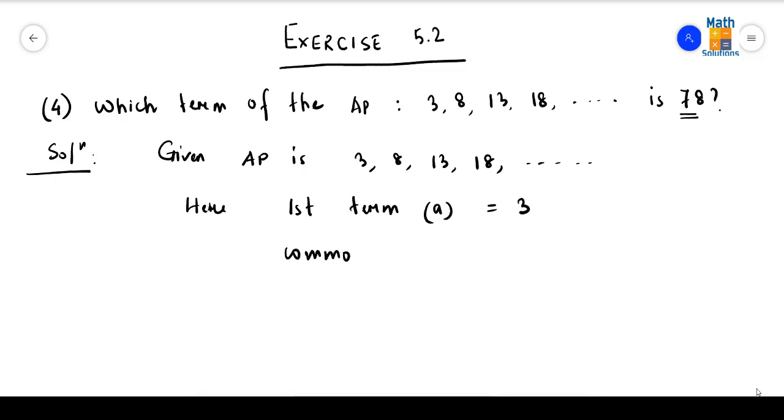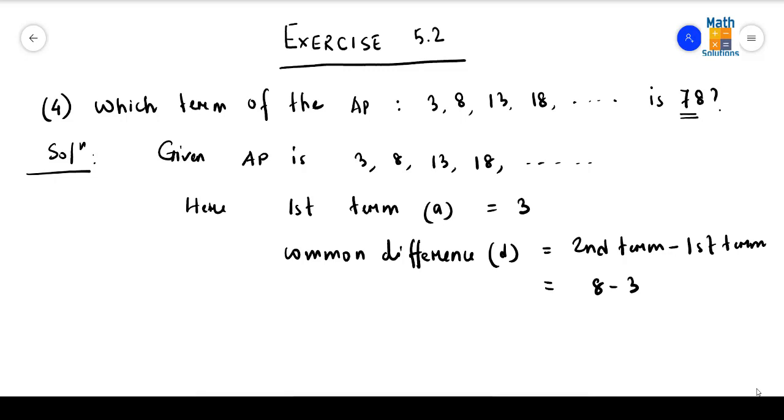Then we can write the common difference, small letter d, is equal to the second term minus the first term, that will give us 8 minus 3 is equal to 5.